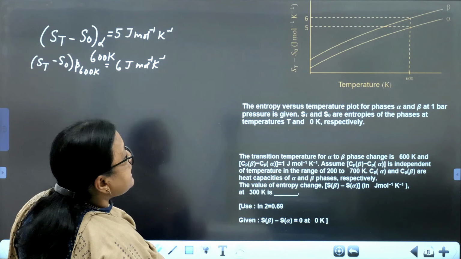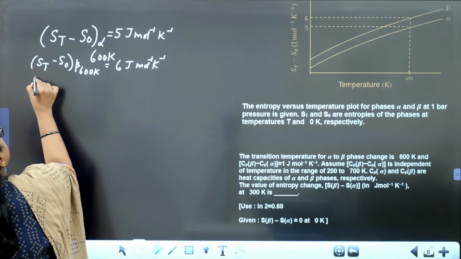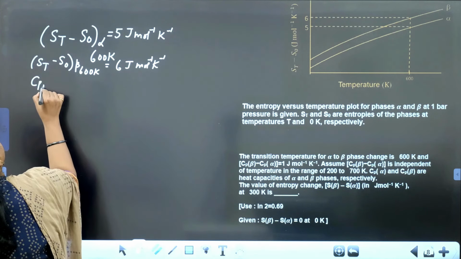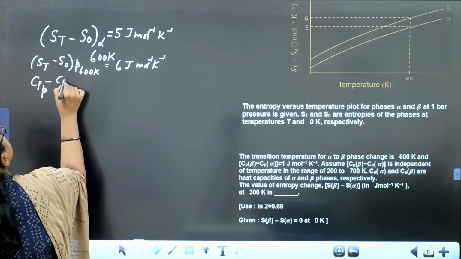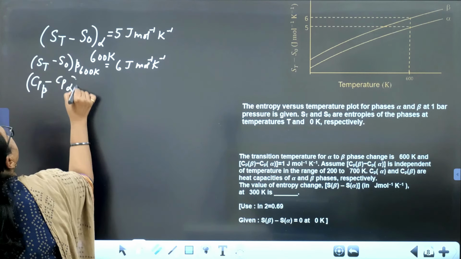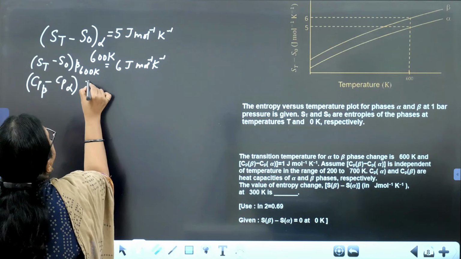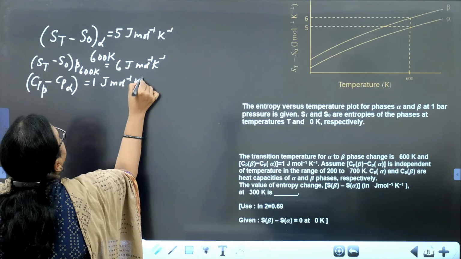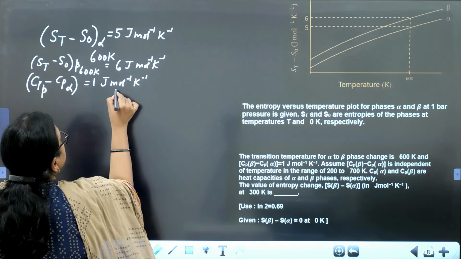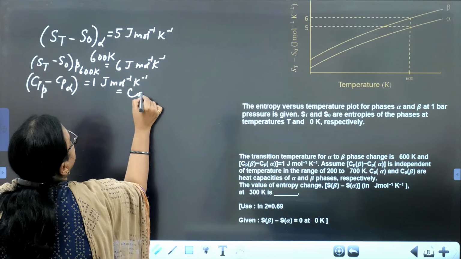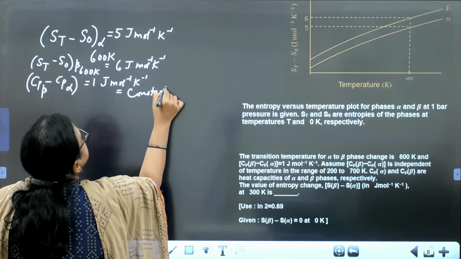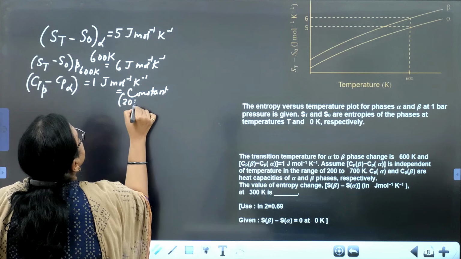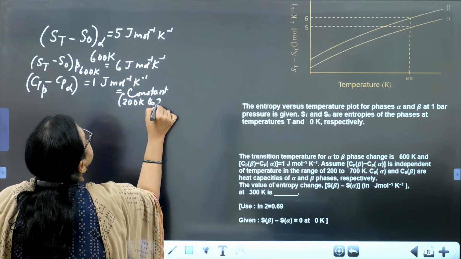Now additional data given to us, Cp of beta phase minus Cp of alpha phase is equal to 1 joule per mole per Kelvin, and you are asked to take it as a constant in the temperature range 200 Kelvin to 700 Kelvin.